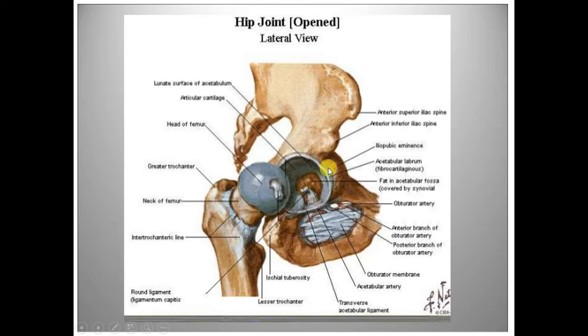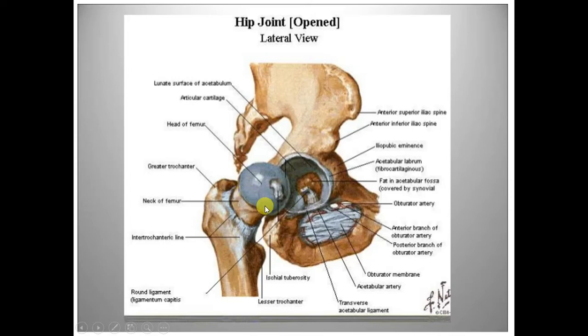This is deepened by the acetabular labrum, and inferiorly there is a gap named the acetabular notch, which is covered by the transverse ligament and converted into the acetabular foramina for the passage of neurovascular structures to the head of the femur.